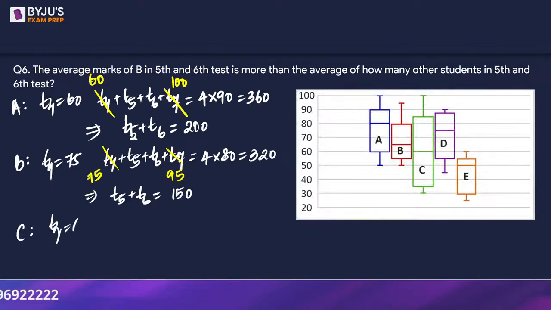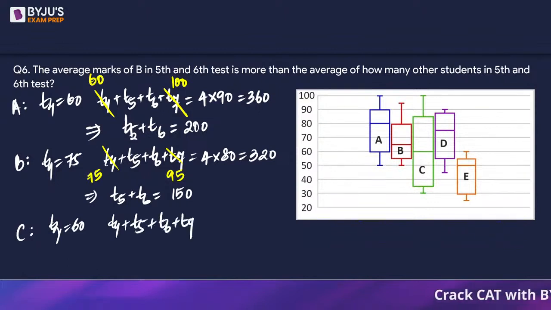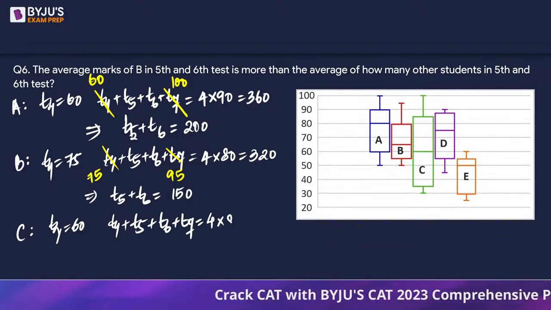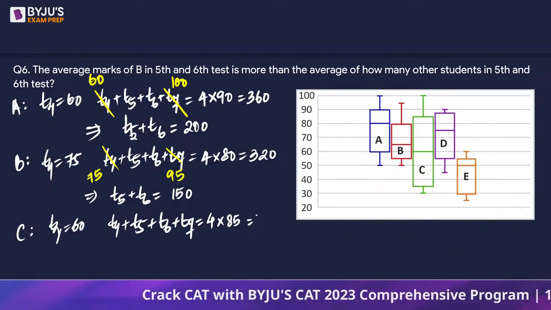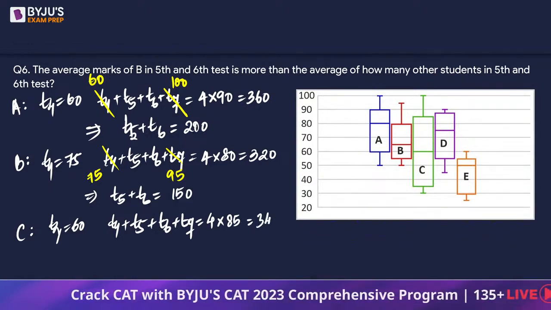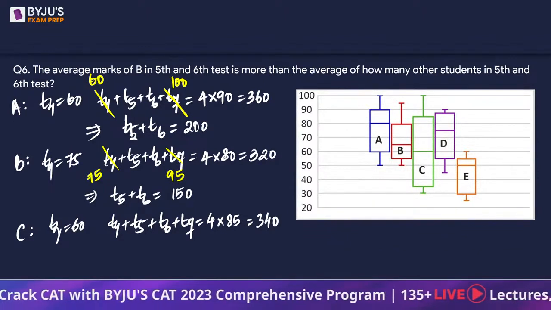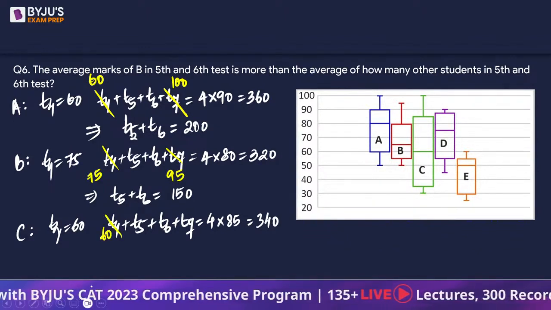Similarly for C, we know that 60 था 4th subject में. So T4 plus T5 plus T6 plus T7 for student C is going to be 4 into the upper number, which is 85, which is going to give us 340. And we also know that T4 is 60, previous question में solve करा है.